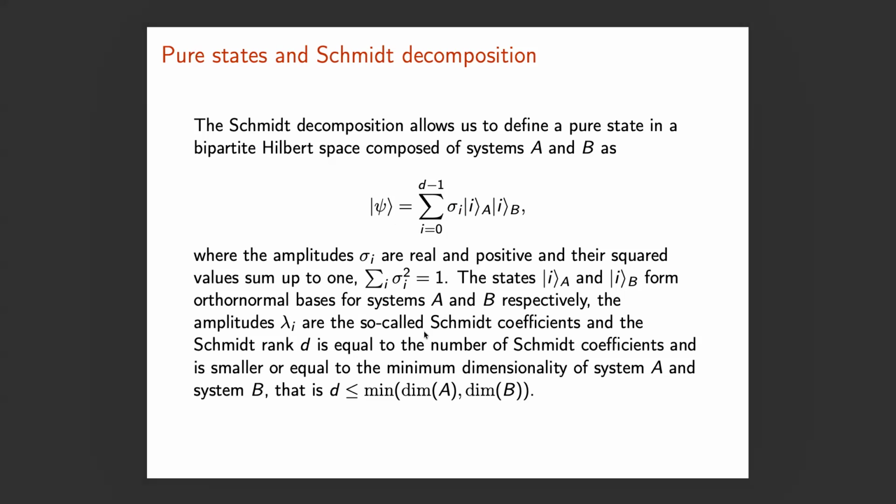And the lambda i's, which we are going to extract here, are the so-called Schmidt coefficients. The rank is equal to the number of Schmidt coefficients and is smaller or equal to the minimum dimensionality of system A and system B.